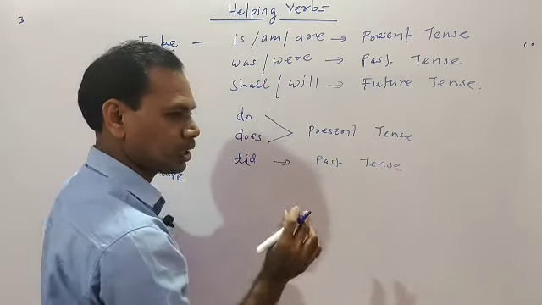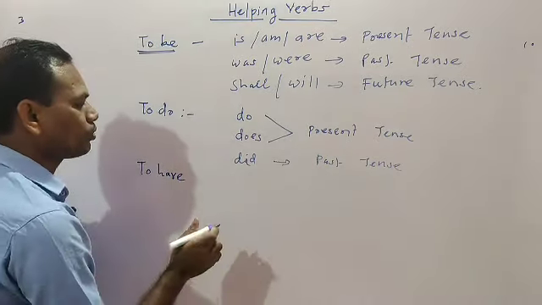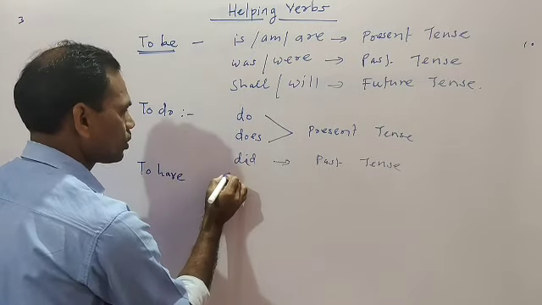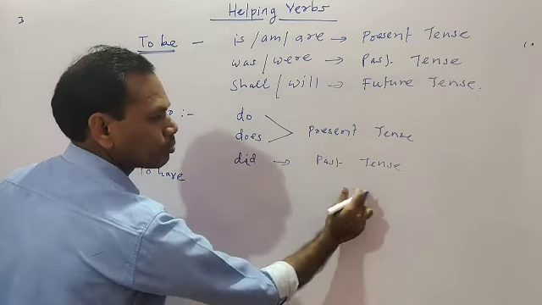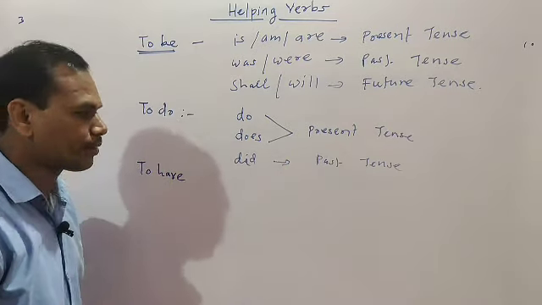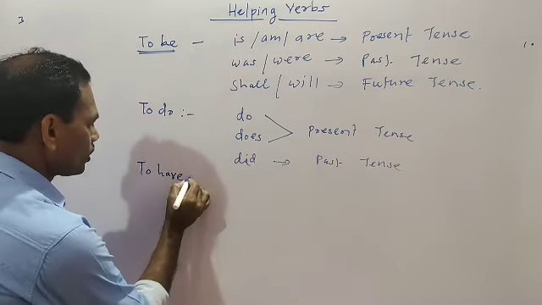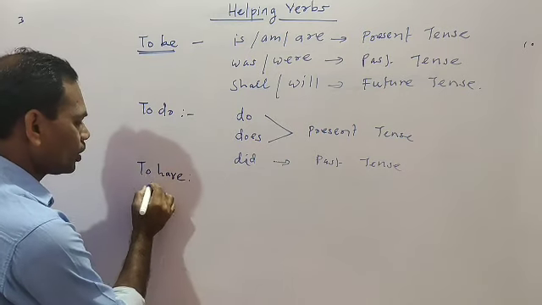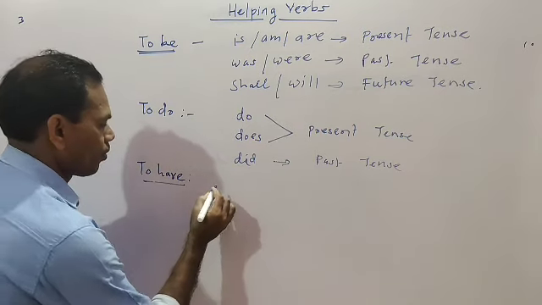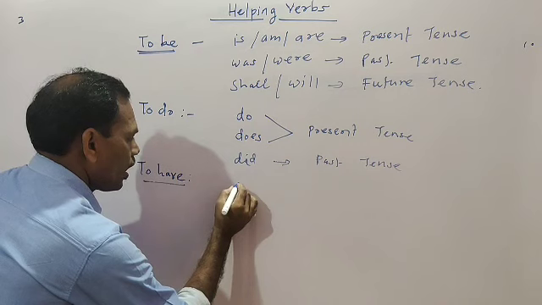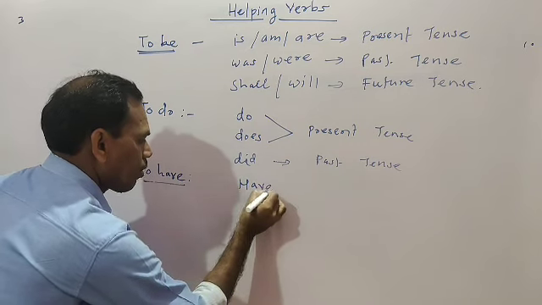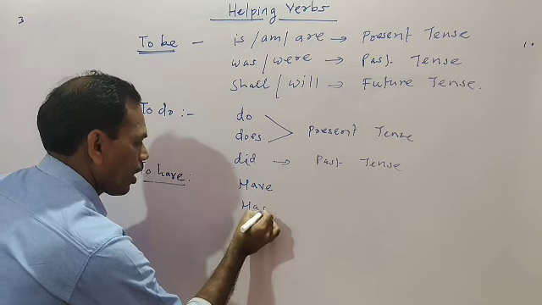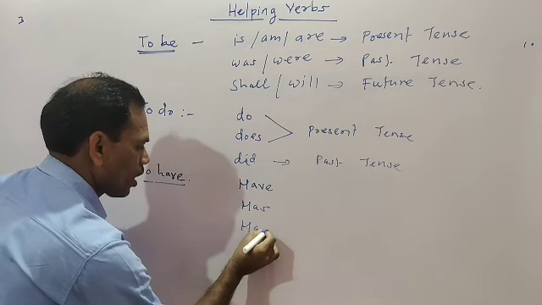There is no specific future form for to do, and that's why we may use shall or will plus do as a future form. Okay. Again, similarly, to have also has three forms. For example, have, has, had.